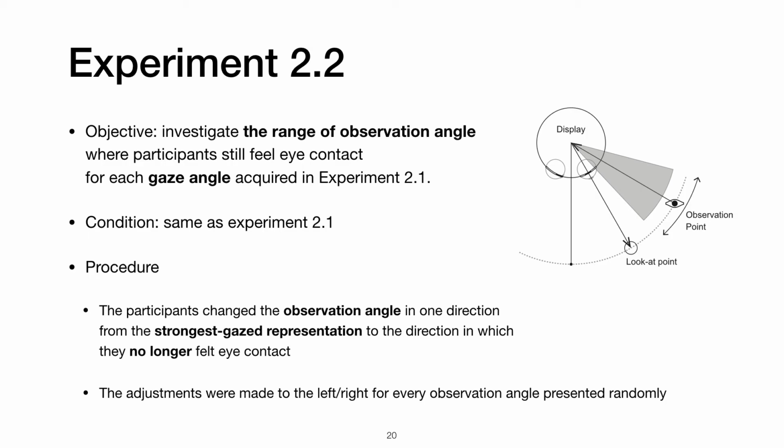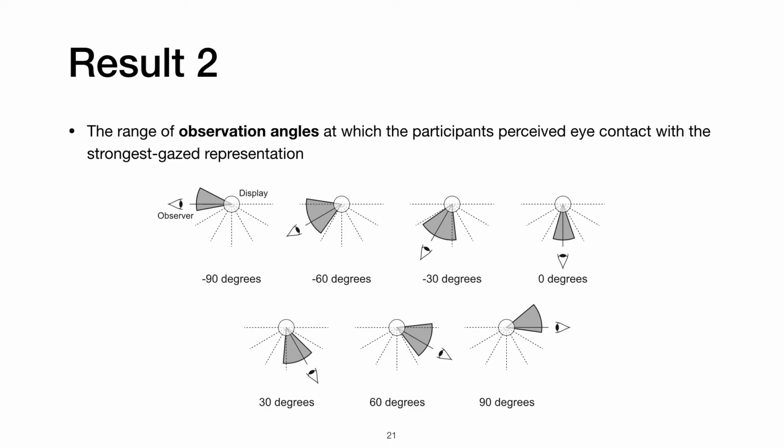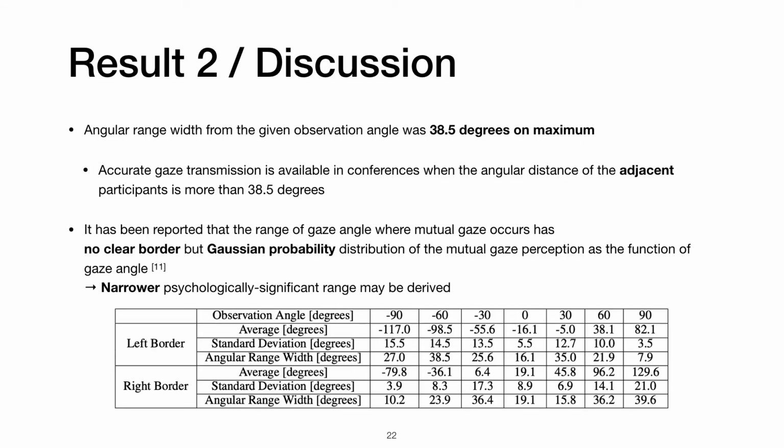So in total, 14 ranges of observation angles were obtained, in which participants still perceive eye contact from the strongest gaze representation. The angular range width from the given observation angle was 38.5 degrees at maximum.